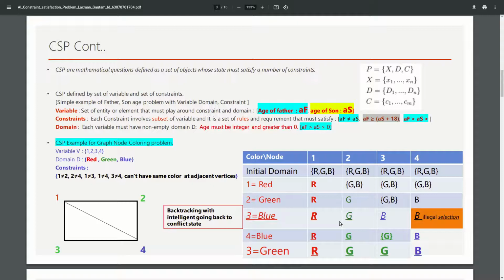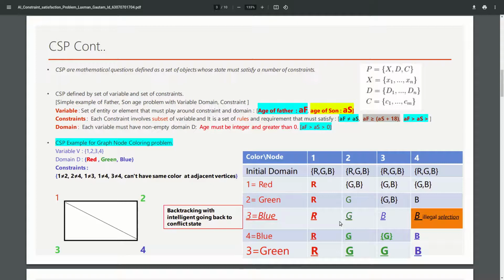So here, a CSP can be defined as P, a combination of the sets X, D, C. Where X is a set of variables, where one or more variables participate in that problem. That could be x1 to xn, and D is the domain, which could also be more than one, and can be denoted as d1 to dn.